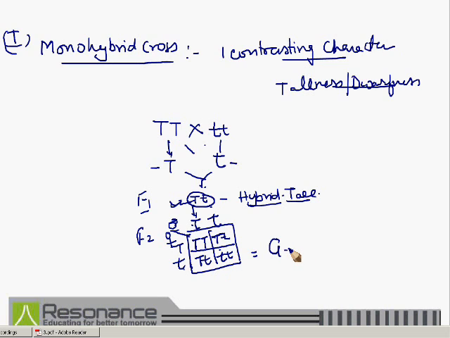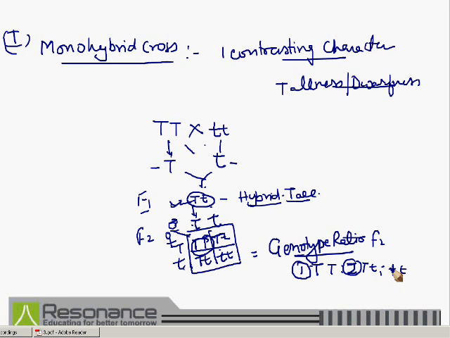So the genotype ratio in the F2 generation is one plant capital T capital T, two plants with capital T small t, and here only one small t small t. So it is mentioned as 1:2:1.